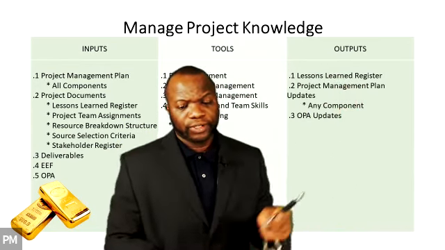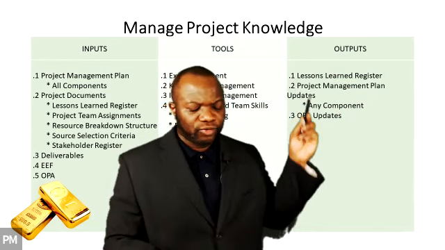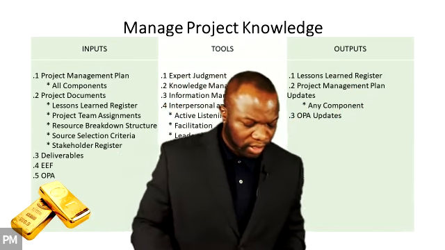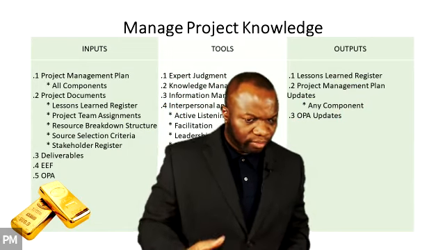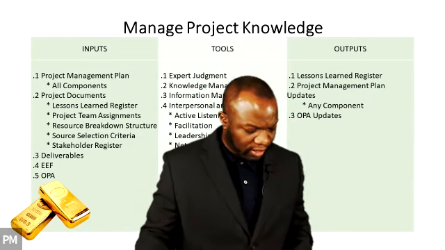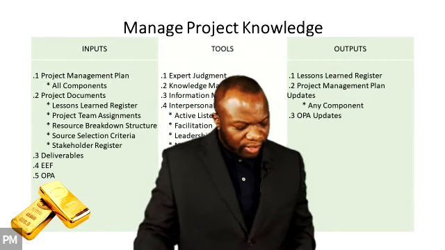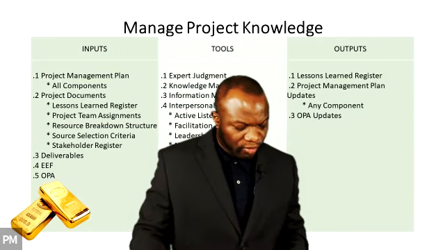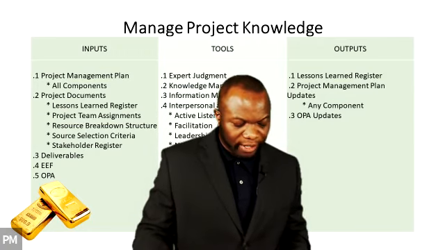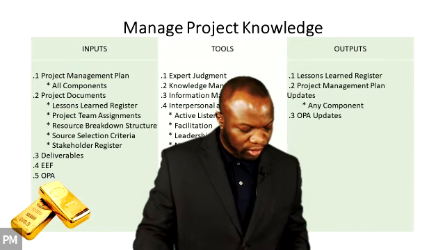Next, let's talk about the lessons learned register again. Now, there's not much meat in this, but on page 104, you see it there. And the key things I want to point out are more in the last two paragraphs. So it says a lessons learned register can include the category and description of the situation.